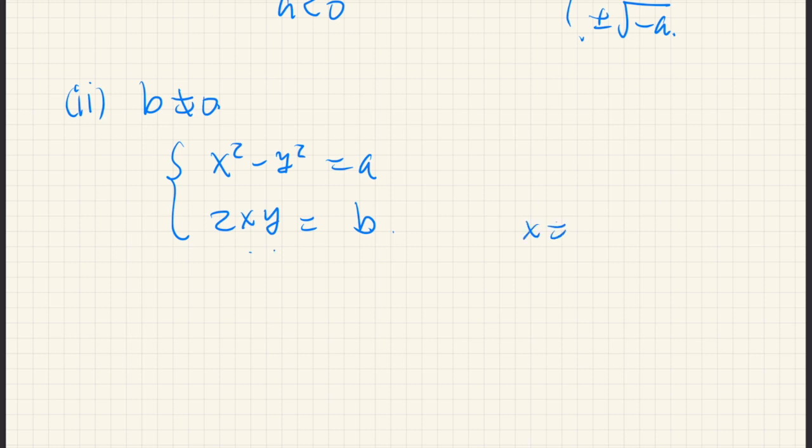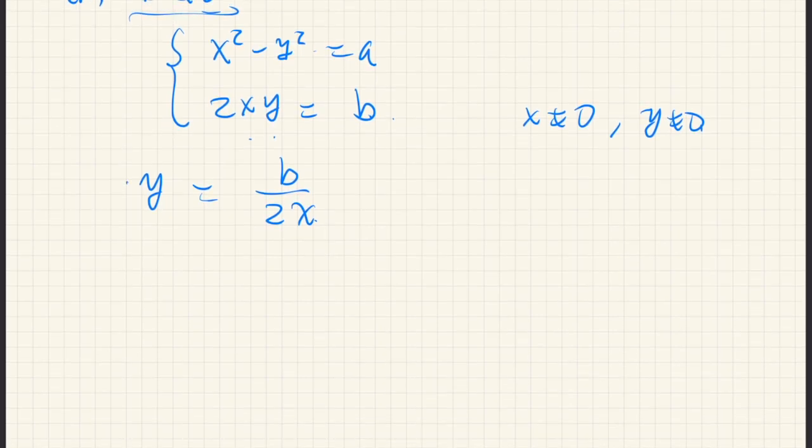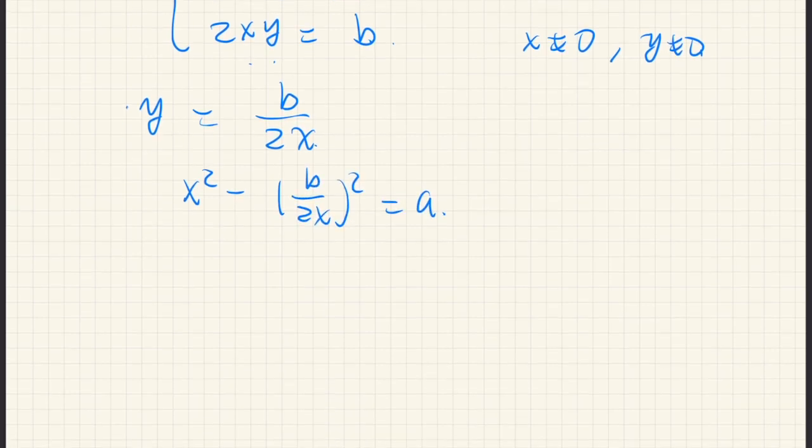So x and y are non-zero. It's guaranteed because of this. Now we can get rid of y by this substitution. Putting this into the first equation, we have x squared minus b squared over 4x squared is equal to a.